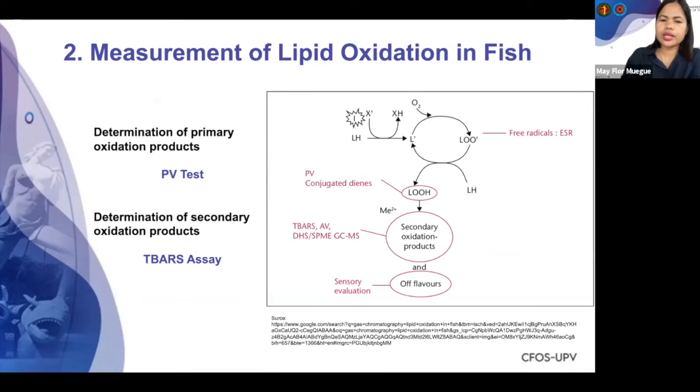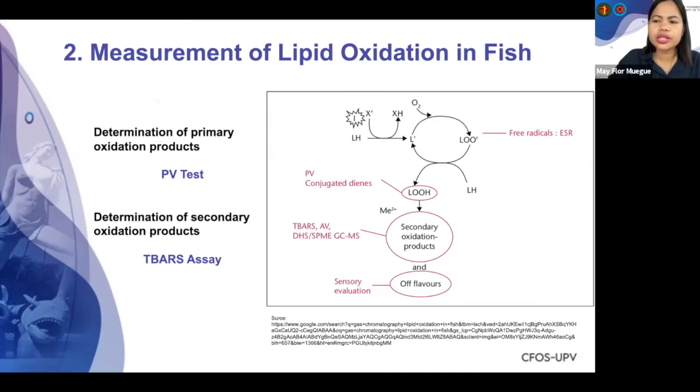For this one, you need to measure the lipid oxidation in fish. So we know, diba, that lipid oxidation involves 3 processes. So we have the initiation, propagation, and then the termination stage.